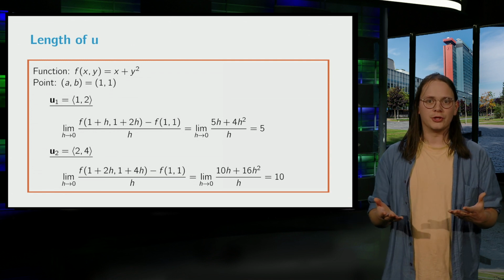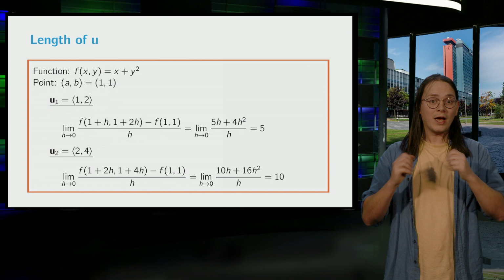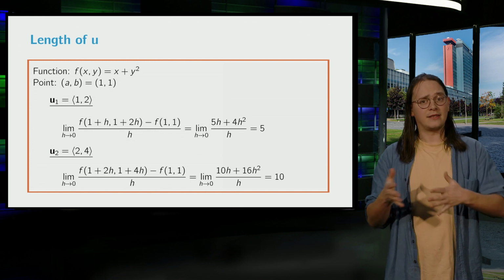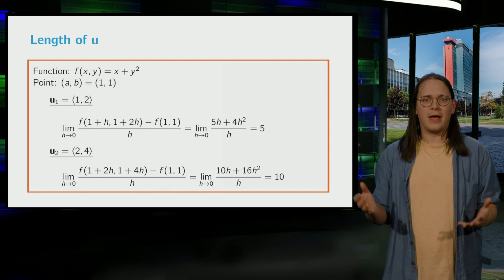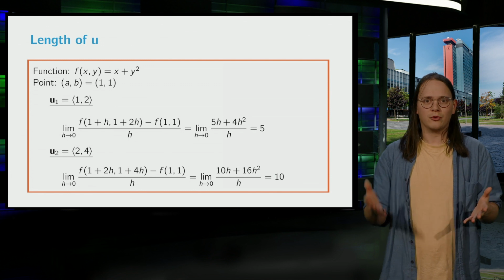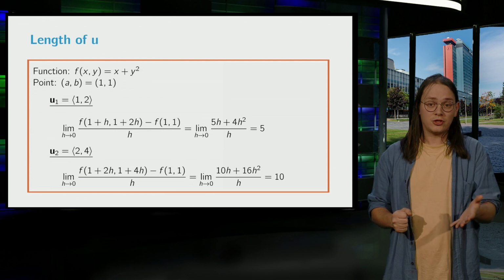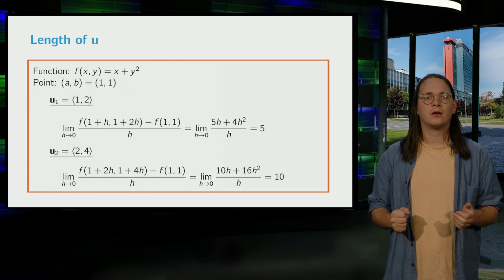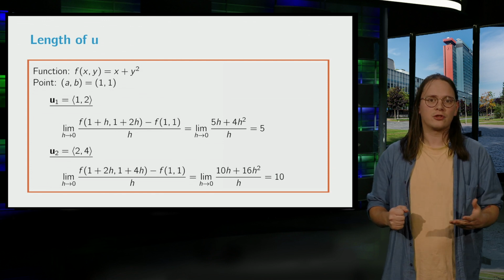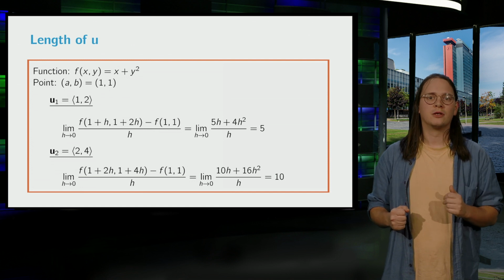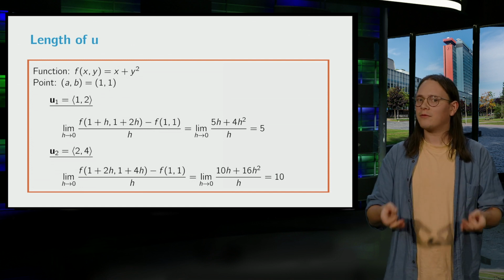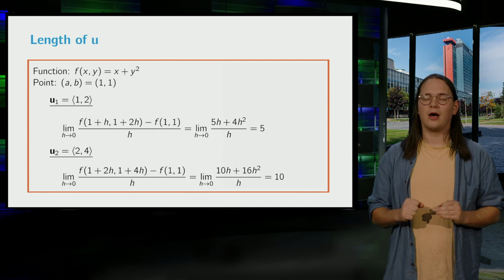A logical conclusion seems to be that the function is twice as steep in the u2 direction as in the u1 direction. But that makes no sense, since u1 and u2 actually point in the same direction. Indeed, u2 is just twice u1. A function cannot have two different slopes in the same direction. Clearly, the length of the vector u has an effect on the value of the limit.